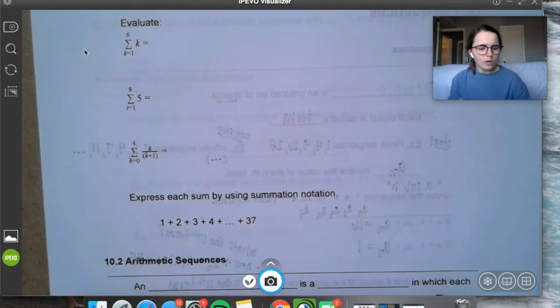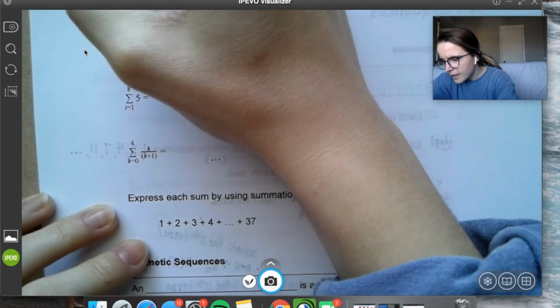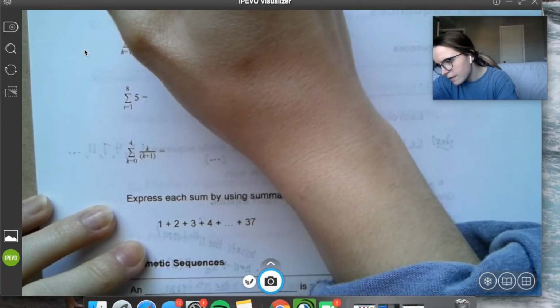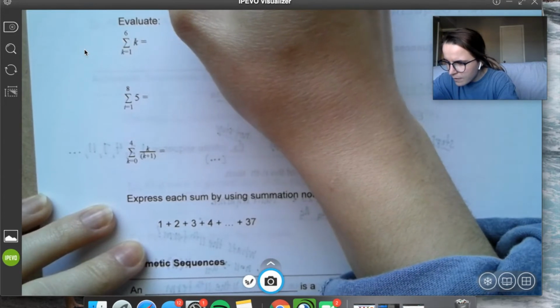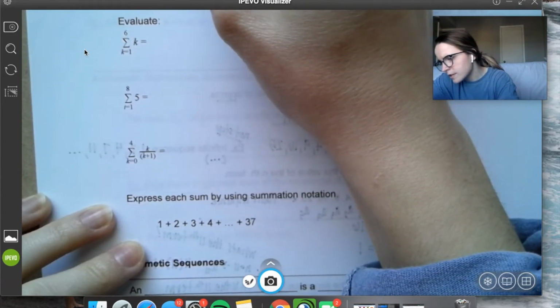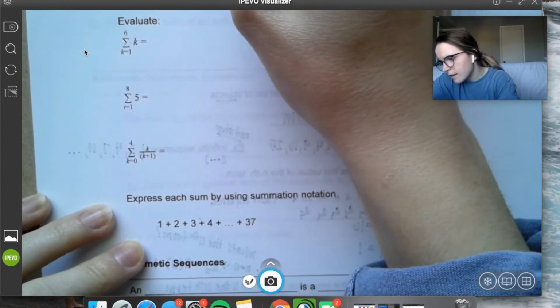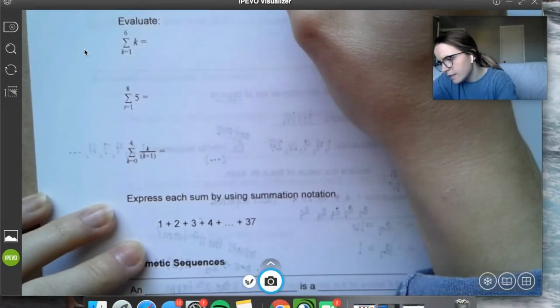Okay, so the directions might say something like, find the value of each series by hand.